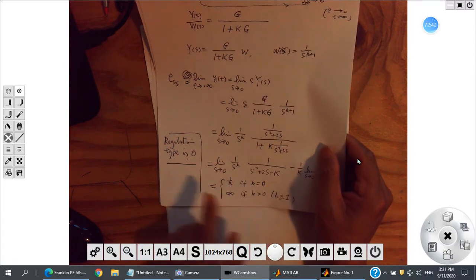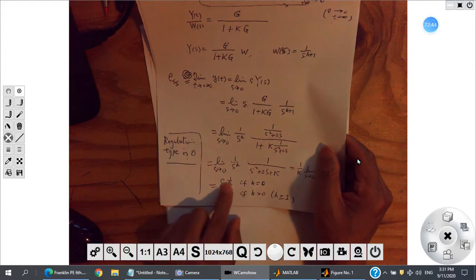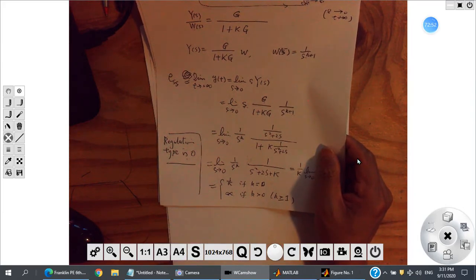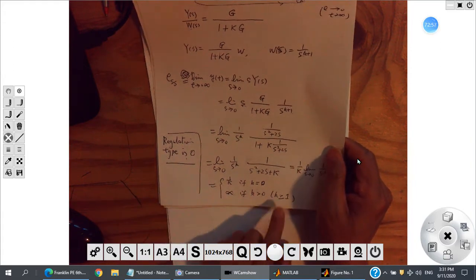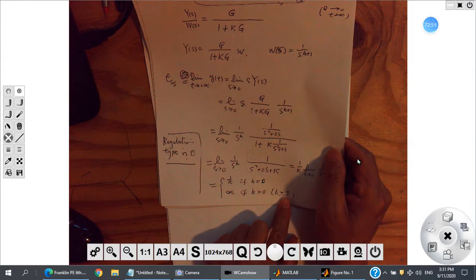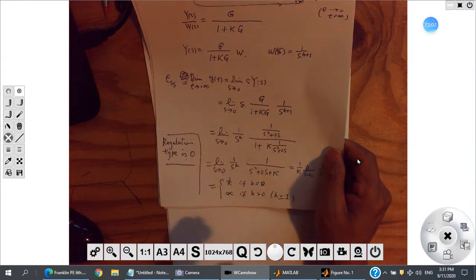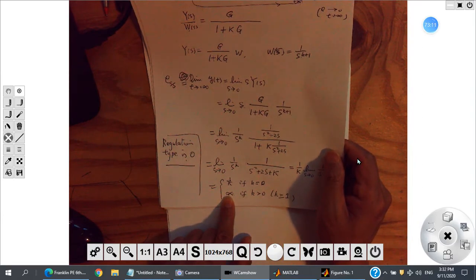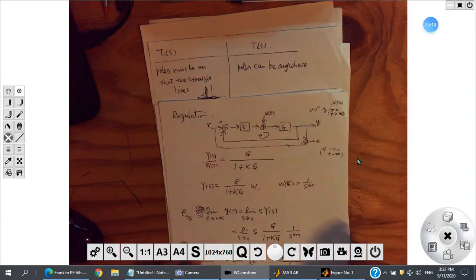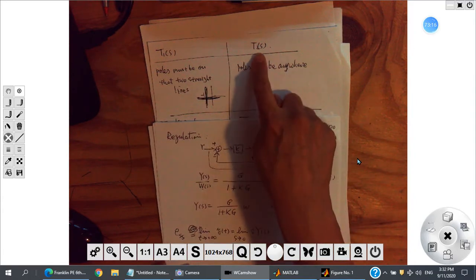If the noise is like a unit step, then the output will contain a part, 1 over K, related to the noise. So the noise will cause a value in the output, that is 1 over K. And if k is larger than 1, the noise is like a ramp noise or even a parabolic noise, then the output side will go to infinity. That will be terrible, right? So obviously, the behavior of T2 is better than the behavior of T1.